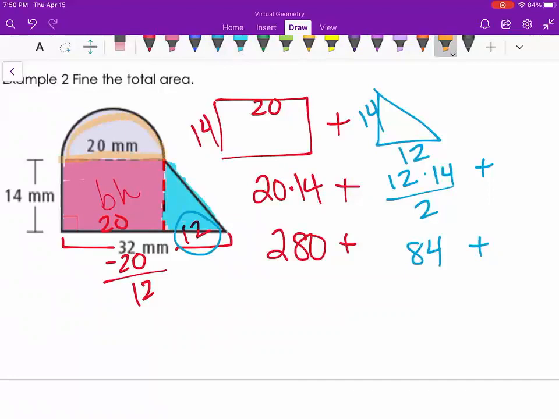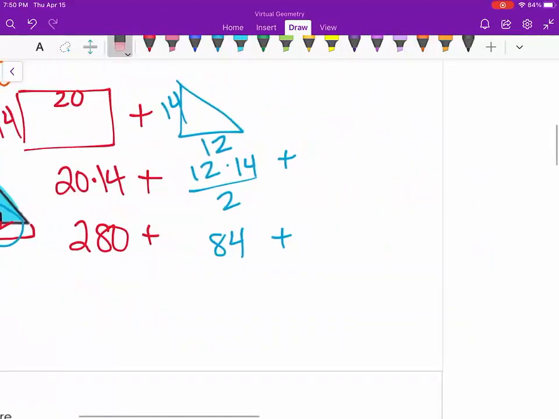Now we can do this top piece that kind of looks like a dome. This is actually what we call a semicircle, or half of a circle. That 20 that's sitting here, if you notice, goes all the way across. So like we said earlier, that is the diameter, but the radius is what I need for area, which would be half of the diameter.